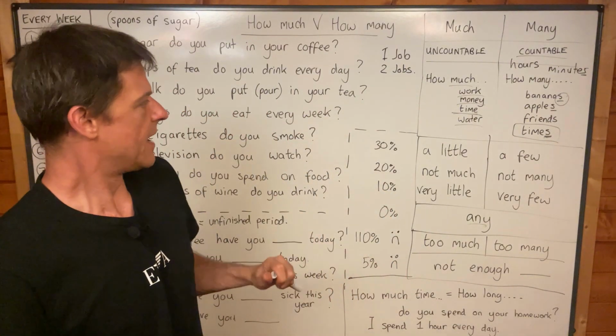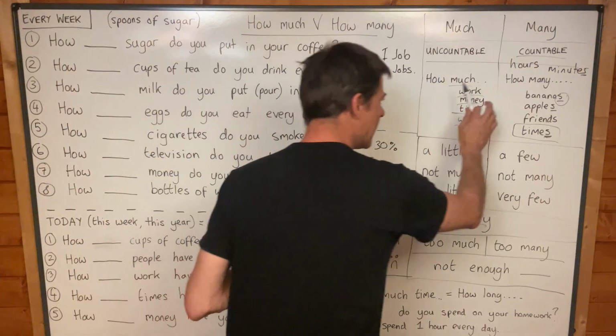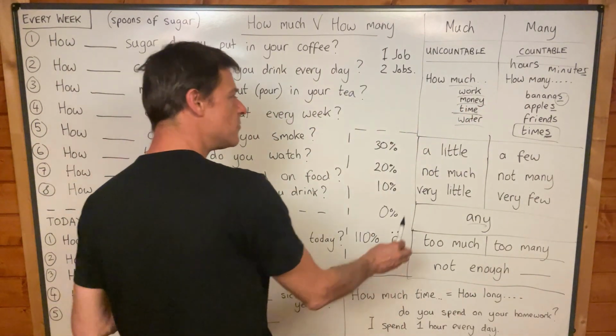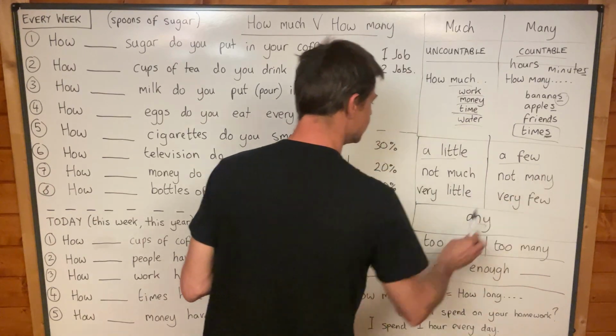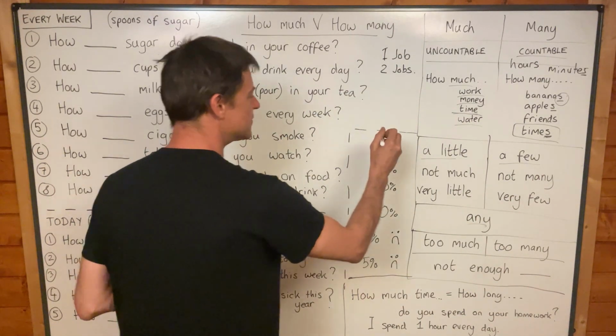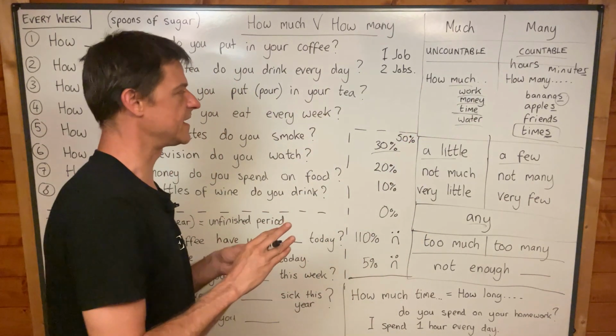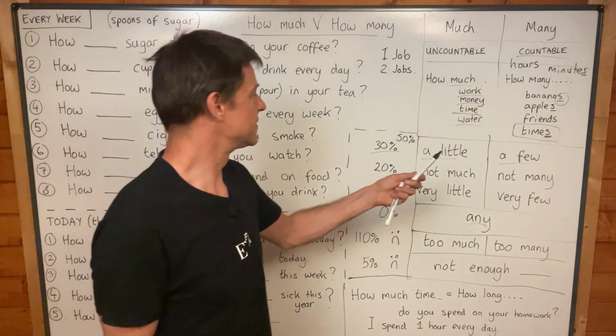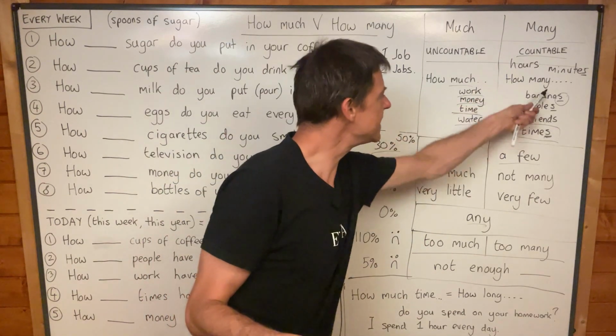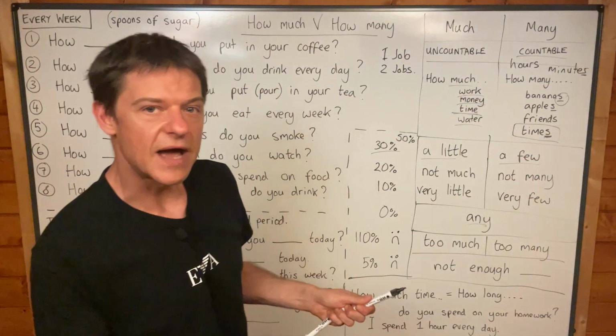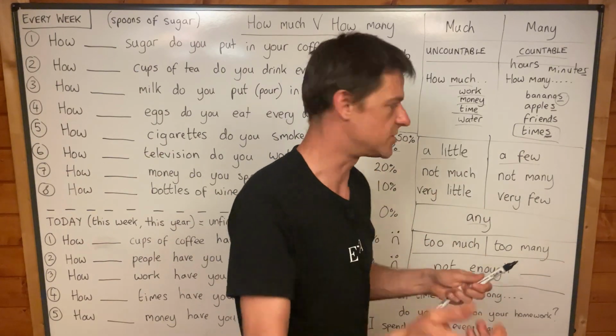Okay? So we have how much and how many. We also have a little, a few. If you want to say 30% or maybe 50%, maybe you say, Dave, how many friends do you have?